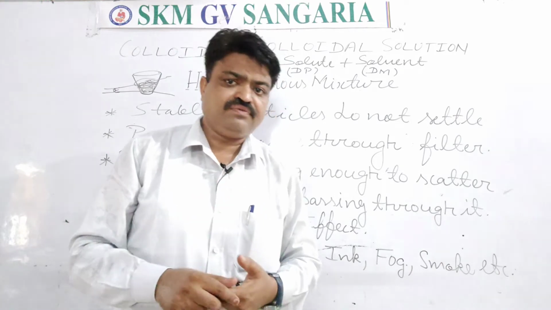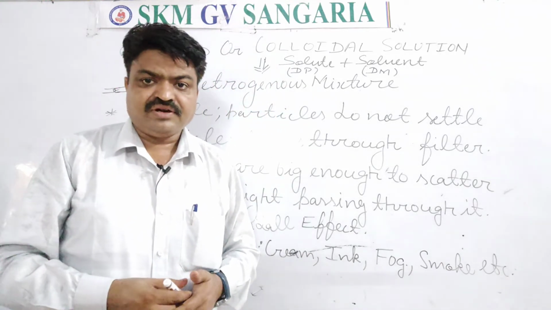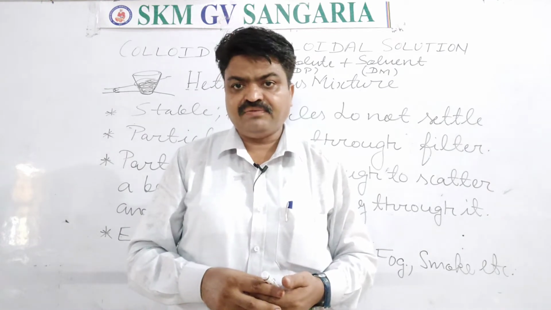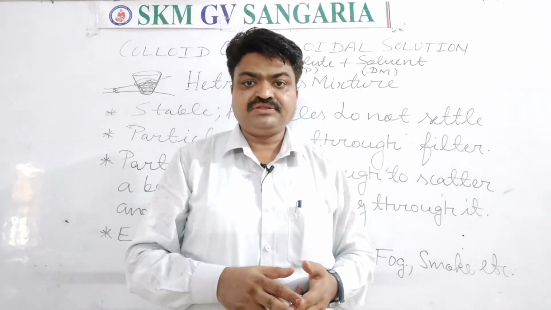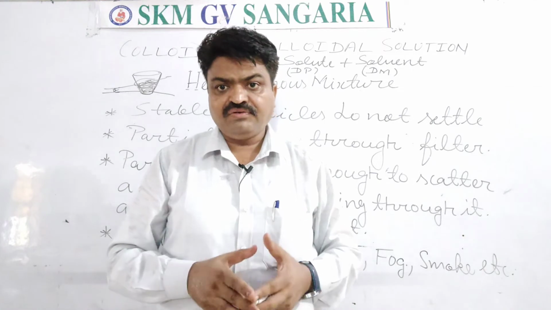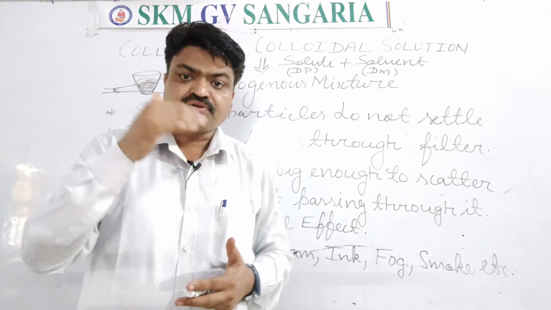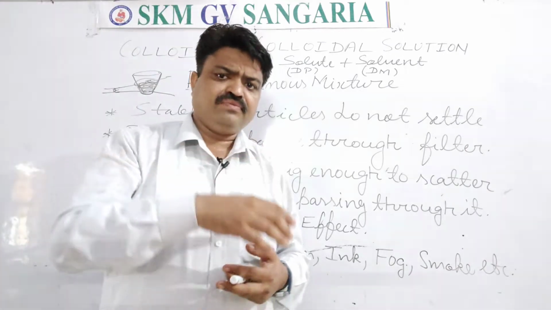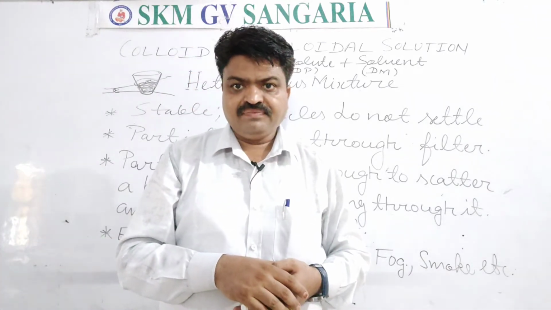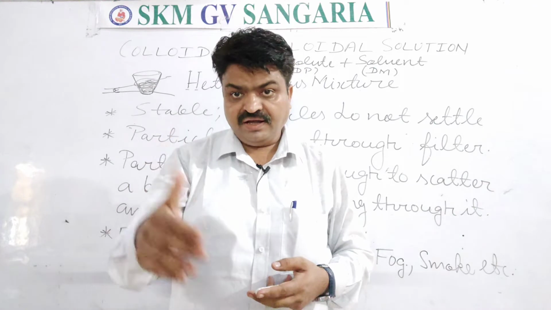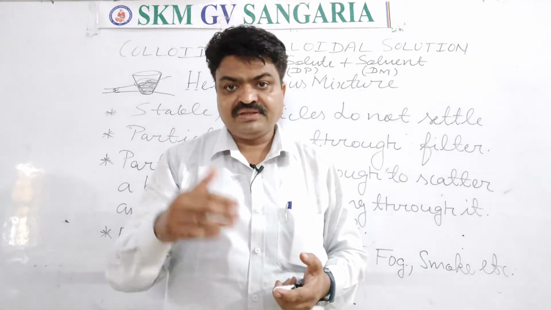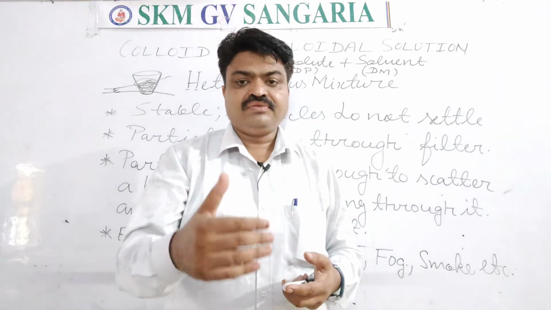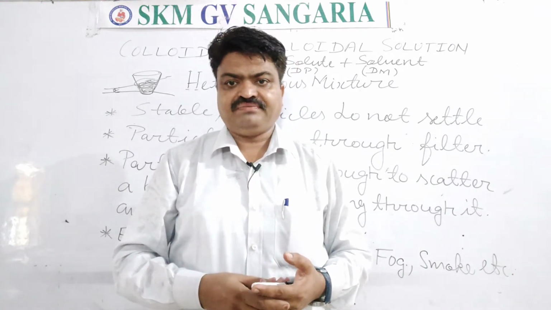Another example is the forest. In the forest there is the canopy of the trees, student. Now what is canopy? Canopy is the branches found at the top of the shoot. When light is passed through the canopy of the trees, that light is also scattered by dust particles, and that is also known as the Tyndall effect.